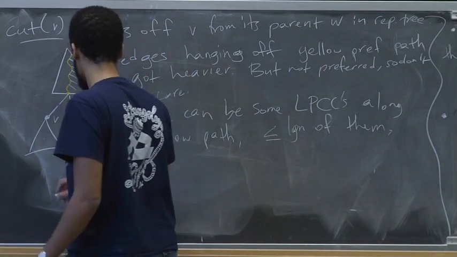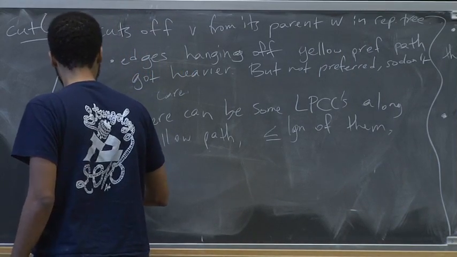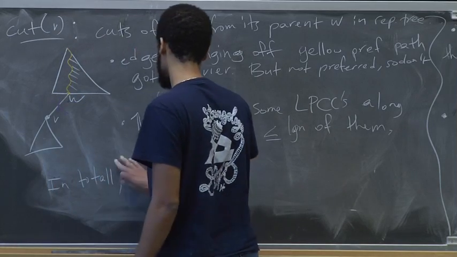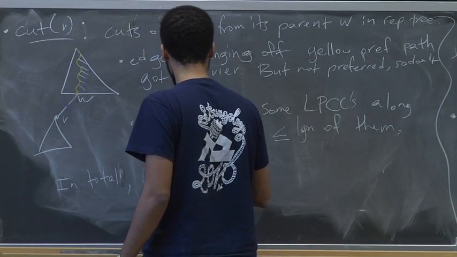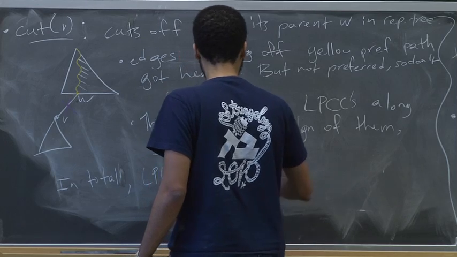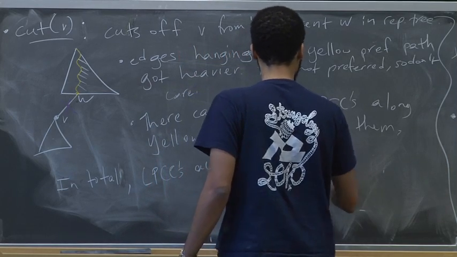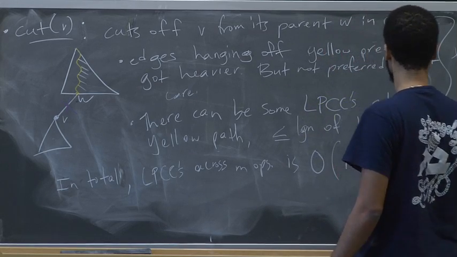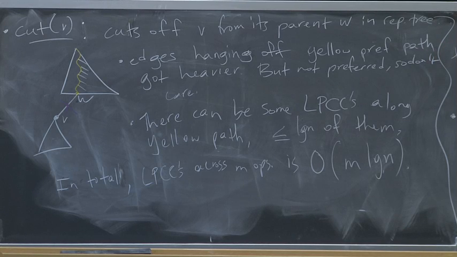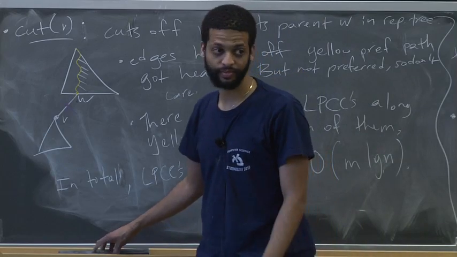So in total, the number of LPCCs across M operations is O of M log n. Okay, so that's it for the log squared n amortized bound.